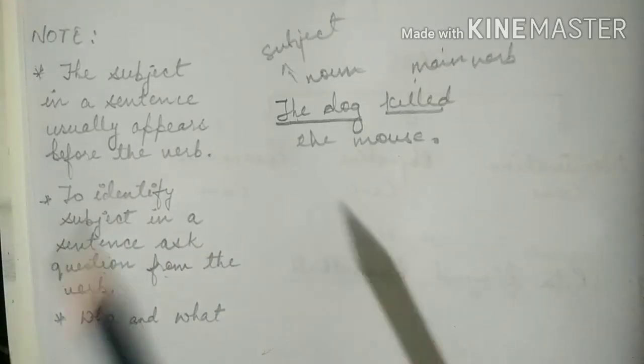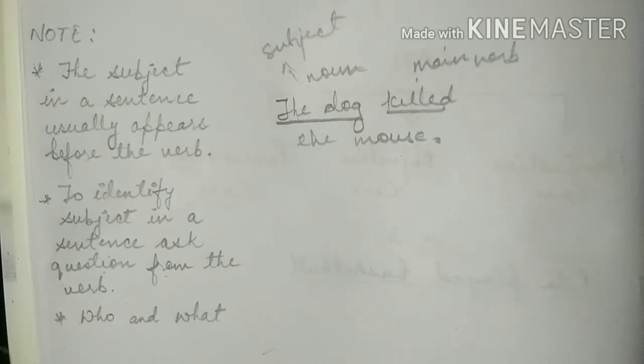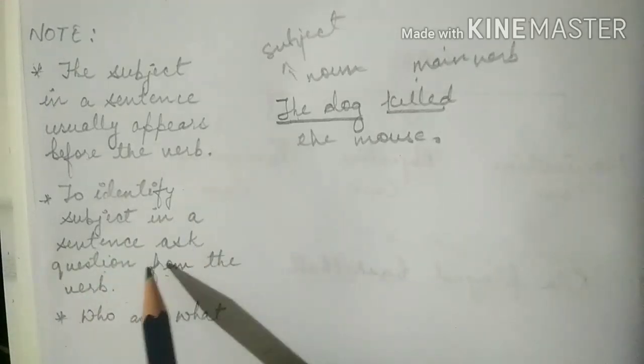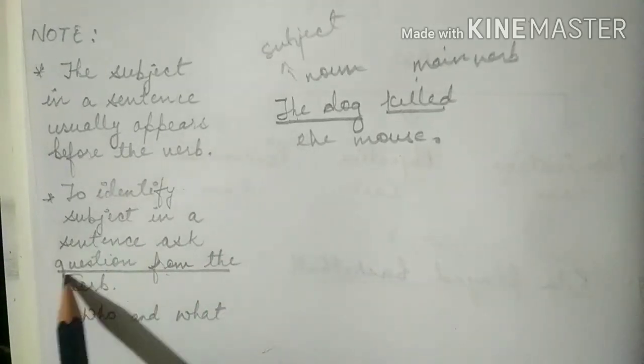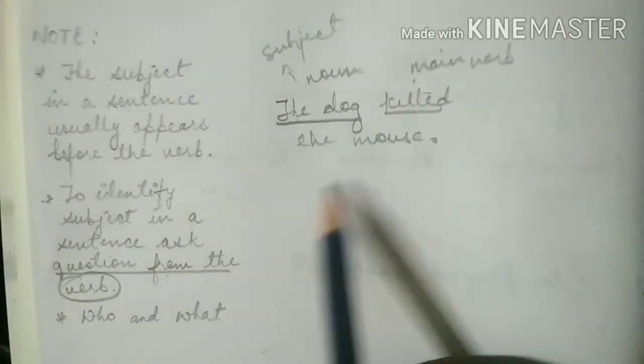Now suppose a sentence is given and we have to identify the main subject in it. So the second note says how we identify what or who the subject is in a sentence. It says ask a question from the verb. Right? See, the dog killed the mouse.